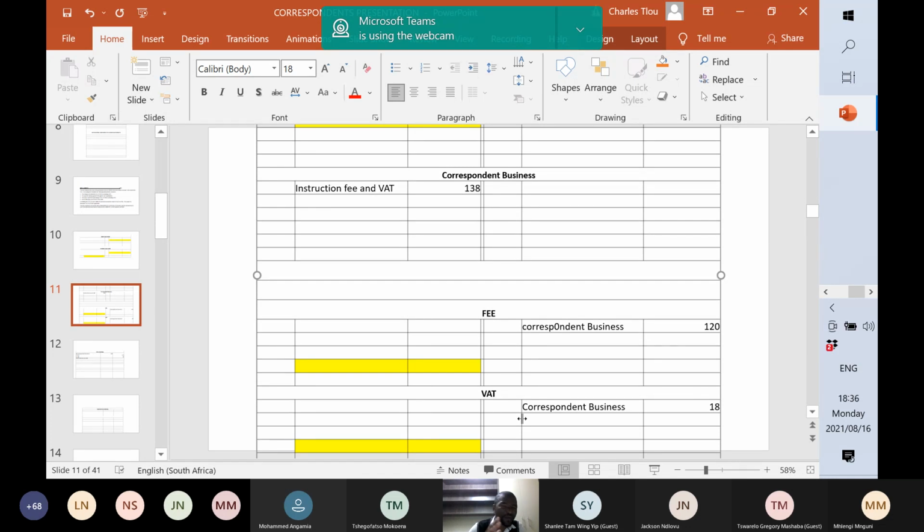Now, this is very important. As soon as you have recorded it here, remember I said that every fee that you raise, you must give the correspondent an allowance. And that allowance is on the 1/3 of the fees that you have raised. In other words, you need to know how much is the third of 120.